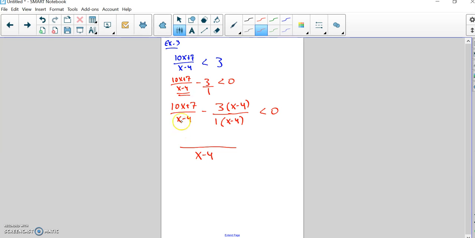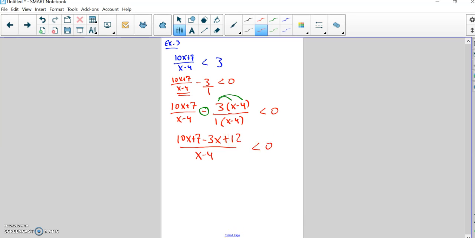Okay, the top of this first fraction is not changing at all, because we didn't need to do anything to that fraction to get the common denominator. But on the second fraction, we need to go ahead and distribute this 3, but remember there's a negative in front of it. So when we distribute, we're really distributing a negative 3. So negative 3 times x gives me a negative 3x, and then a negative 3 times a negative 4 gives me a positive 12.